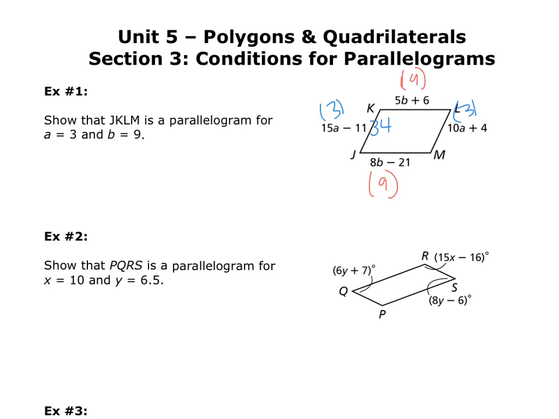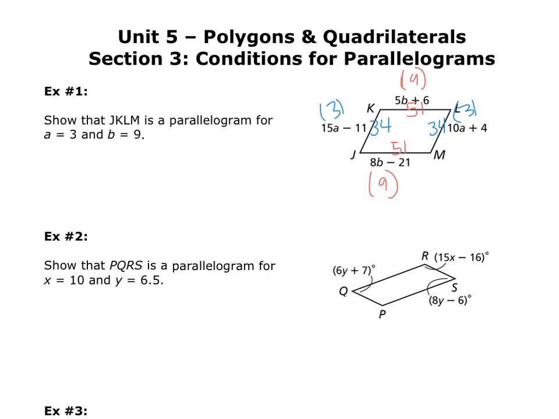Then when we go through 10 times 3 plus 4, we get 34 again. So I do have one set of sides equal. The top and bottom, KL, when I plug in my 9, I get 51. And then on the bottom, 8 times 9 minus 21, I do get 51 again.